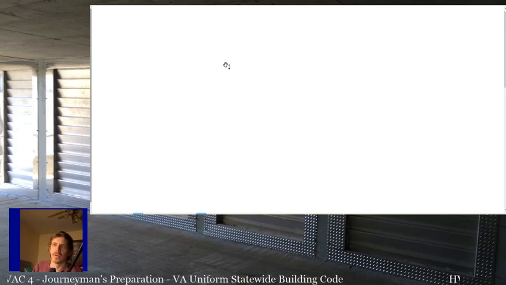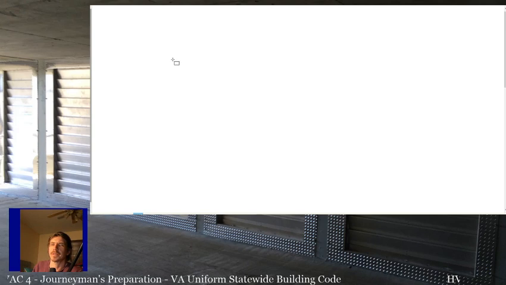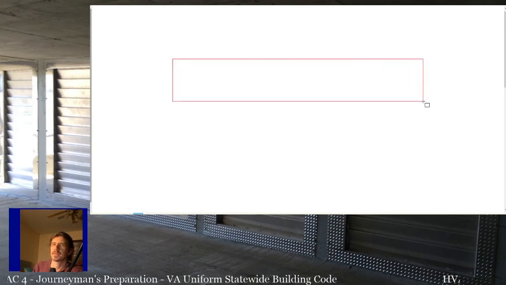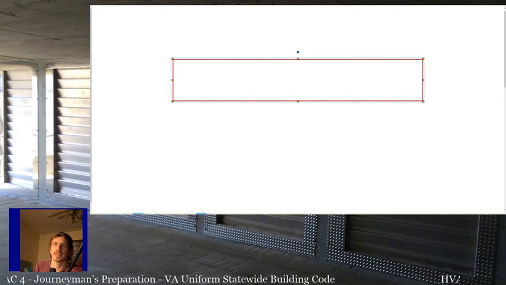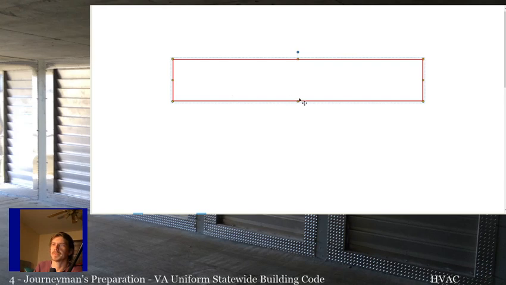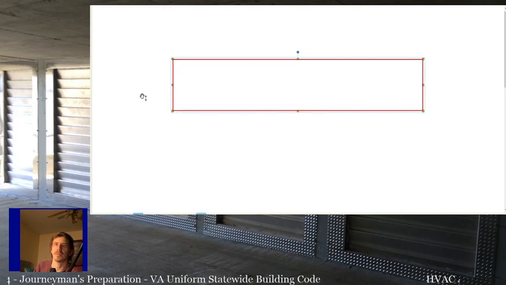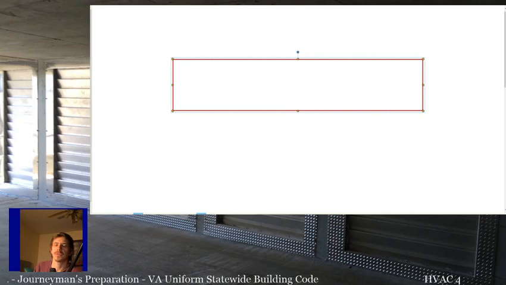So if we have a wood joist, let me make a scale here. I should have prepped for this, but let's do 1.5 inches equals a foot. So if we do, let's just do a 1x12 joist to make it easy.